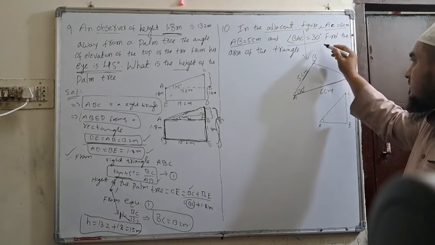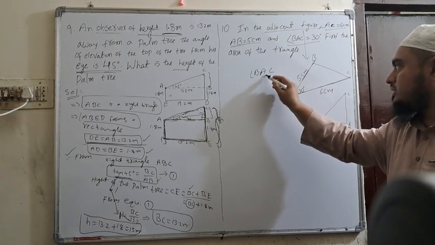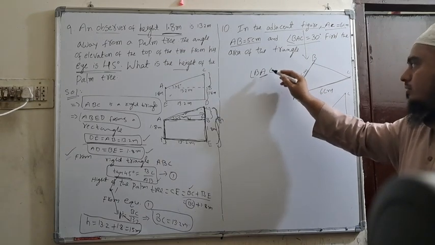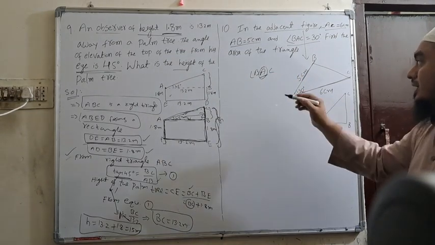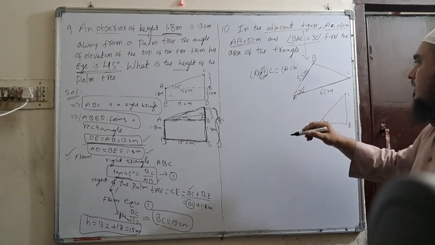Whenever they mention angle BAC, what you have to consider is the middle alphabet, the center one, that angle. You can even write it as angle A, that is 30 degrees, which they have given.